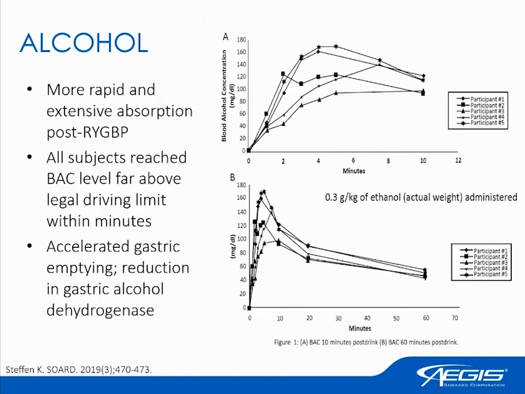And so looking at the y-axis here, we have the blood alcohol concentrations and the x-axis represented in minutes, and you see how quickly that blood alcohol concentration jumped up. For reference, these subjects were given 0.3 grams per kilogram of alcohol per their actual body weight. We believe that this happens because of accelerated gastric emptying as well as the reduction in gastric alcohol dehydrogenase.